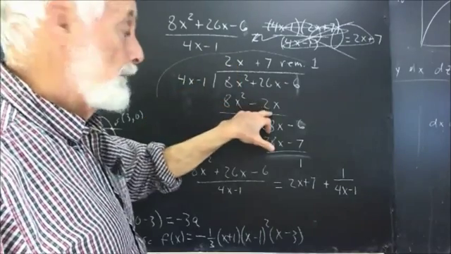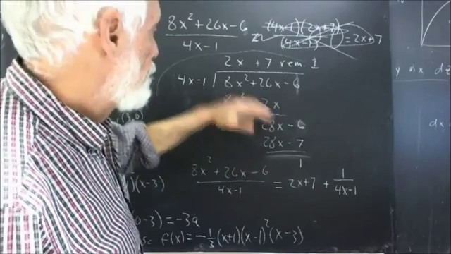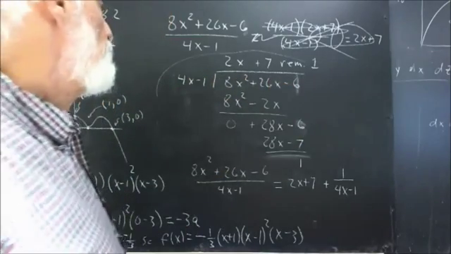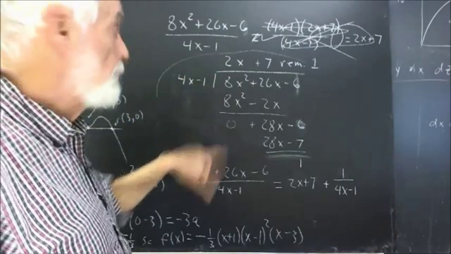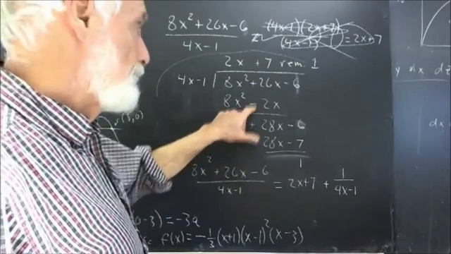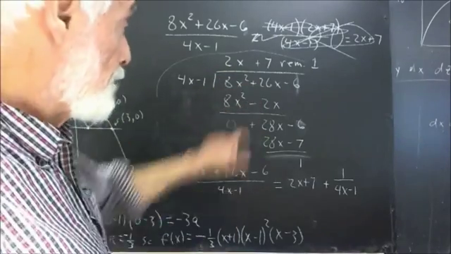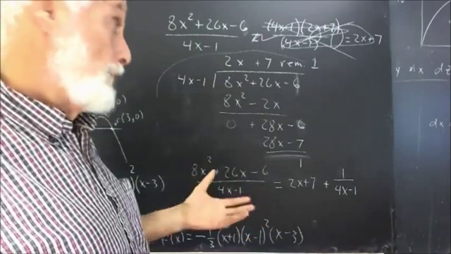2x times -1 is, of course, -2x. So when we subtract this from what we started with, we subtract 8x squared from 8x squared, we get 0. We subtract -2x from 26x. Now, there's always a temptation to get confused on the negative signs.